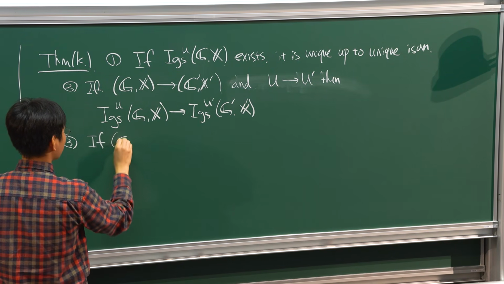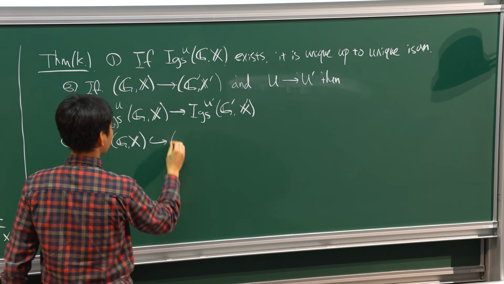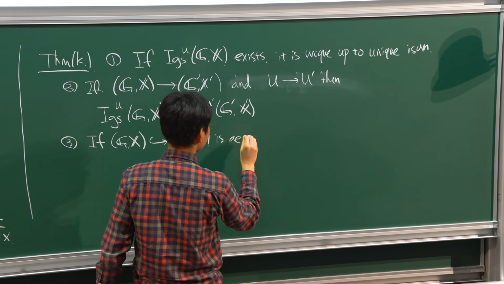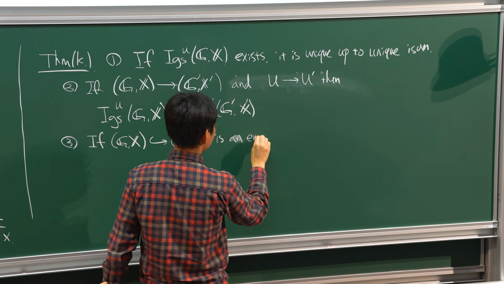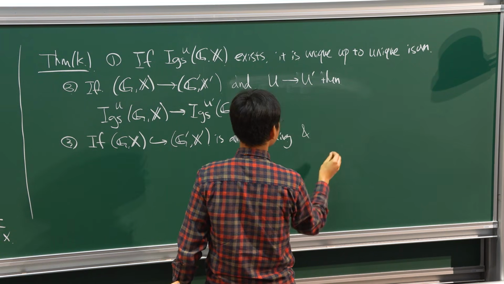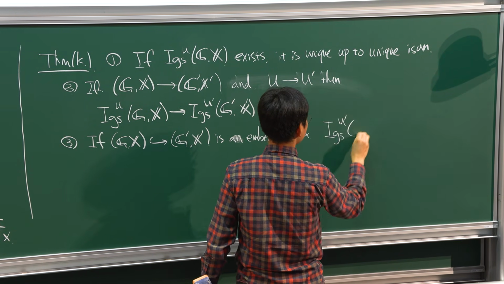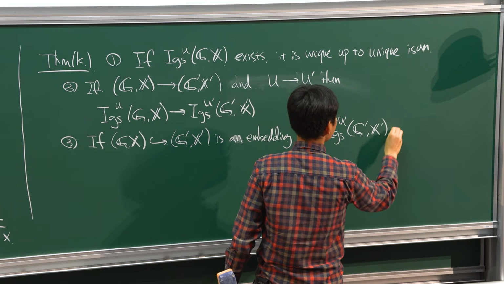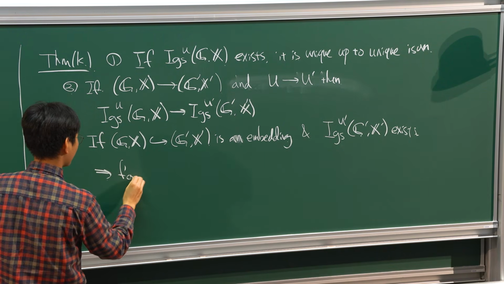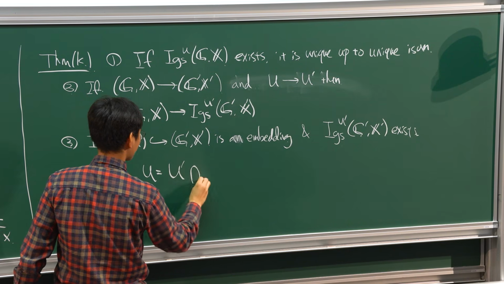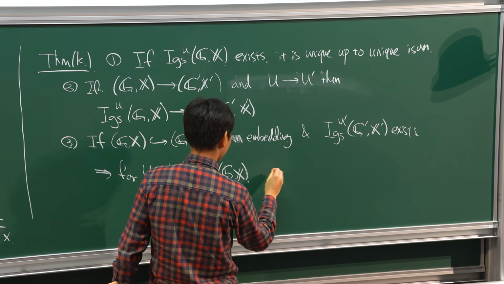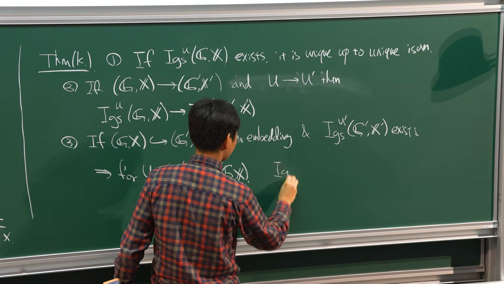So if (G, X) mapping to (G', X') is a closed embedding, meaning that it's an embedding on the groups, and the Igusa stack for U' of (G', X') exists, then for U being the intersection, this also exists.